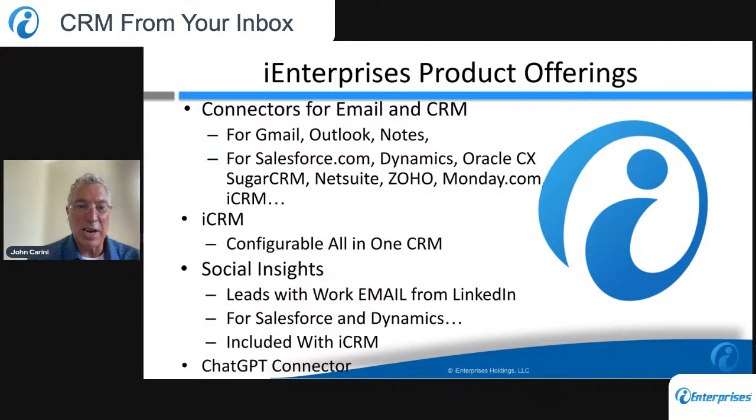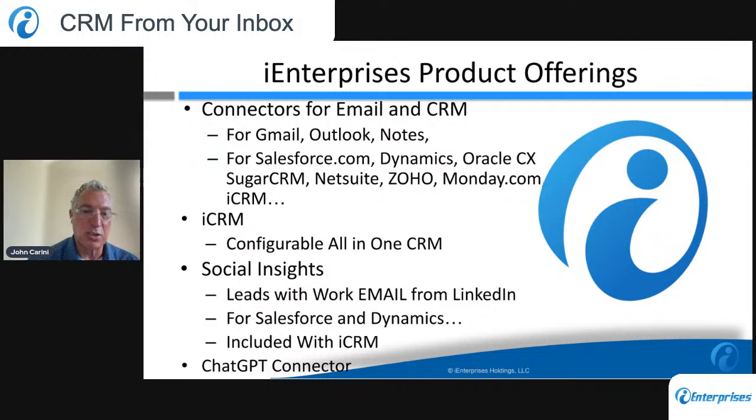So a little bit about Enterprises product offerings. This slide's getting very busy, but we have these connectors, which is mostly what I'll focus on here, and they usually integrate email and CRM with Outlook or Gmail.